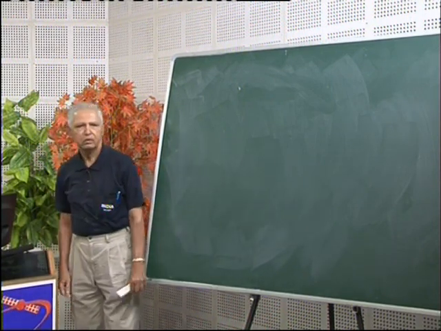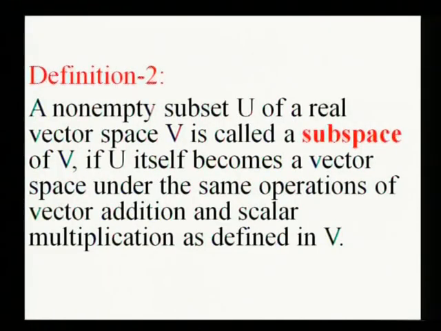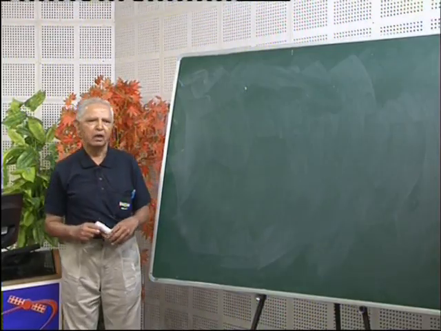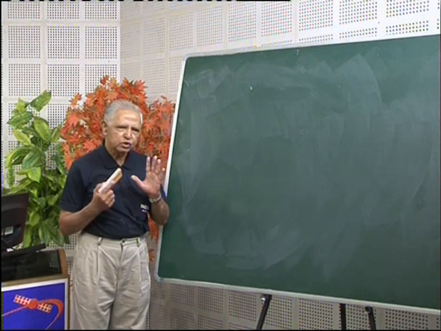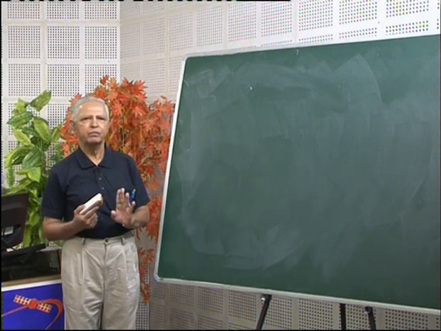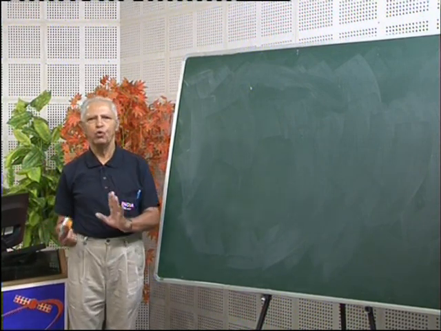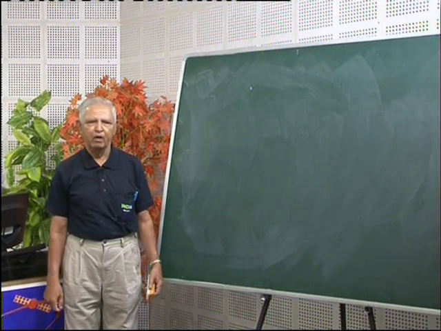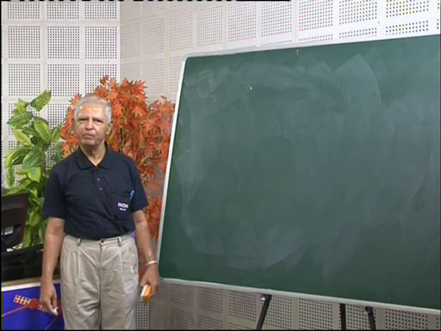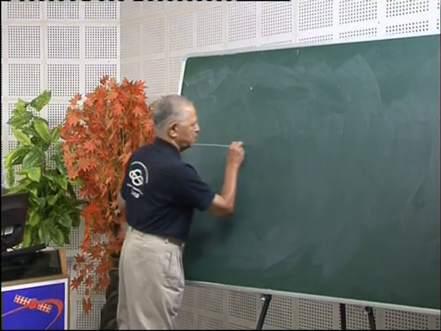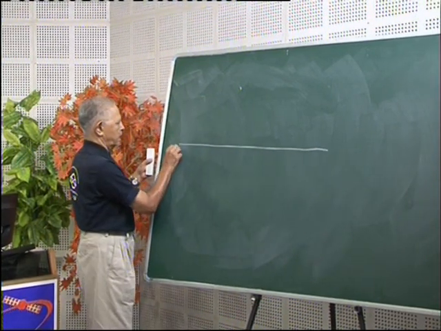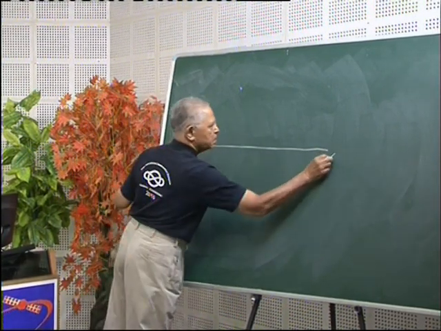Now, we have some geometrical interpretation of our vector spaces R 2 and R 3. We are familiar with the Cartesian plane.